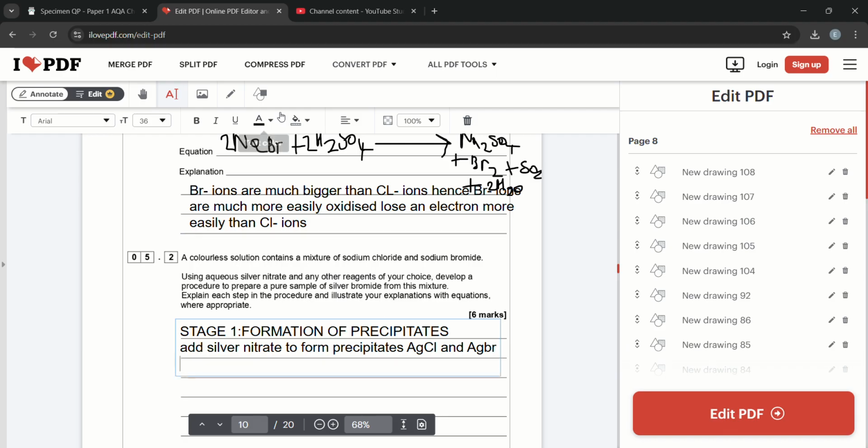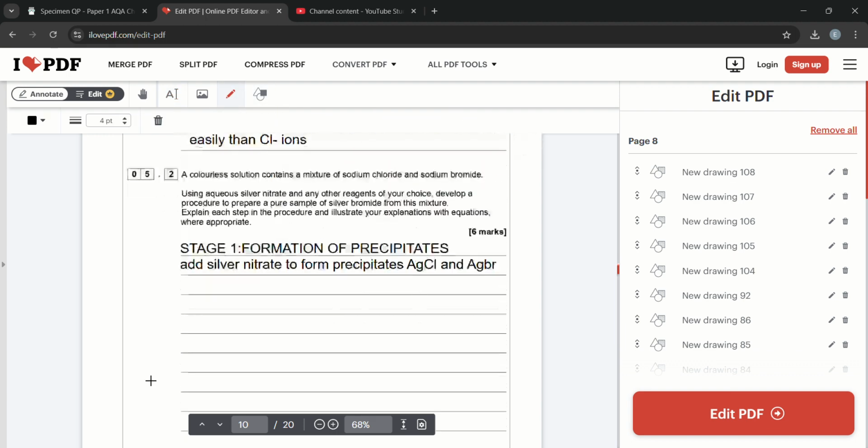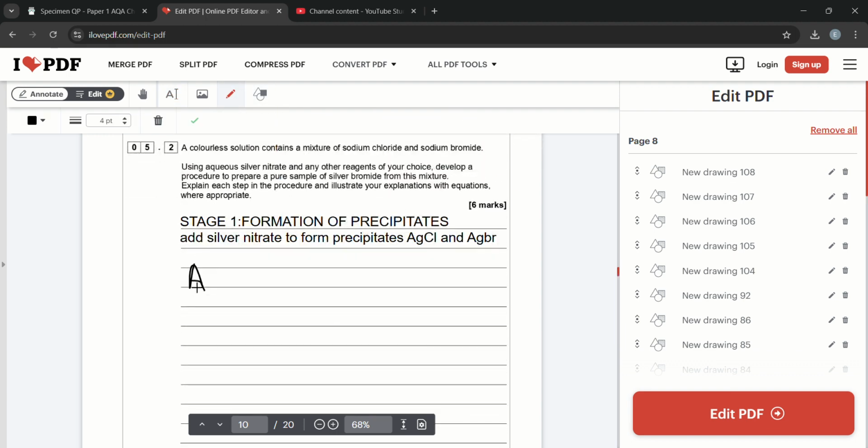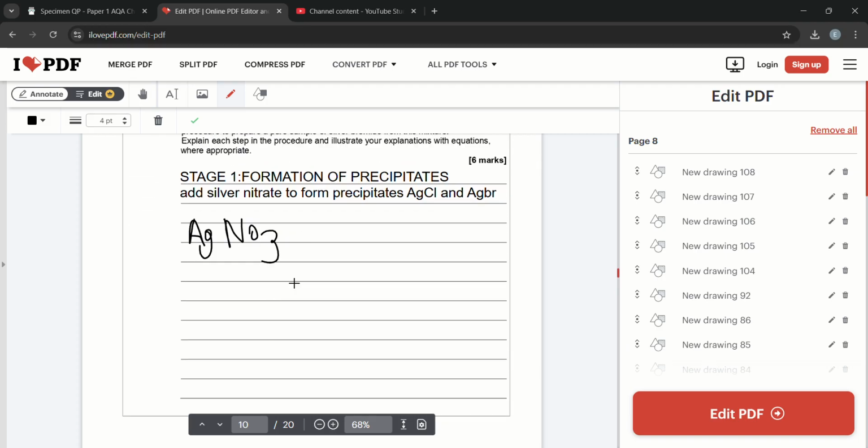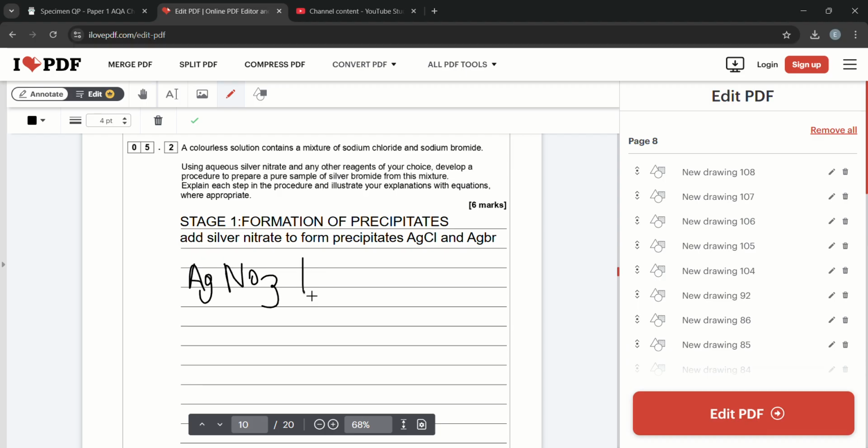So equations: AgNO3, first you need to know the formula of silver nitrate, and if you don't know it, you clearly haven't studied your equations well enough. I only learned it maybe a couple of weeks ago, so yeah, it's pretty important, but not the end of the world.